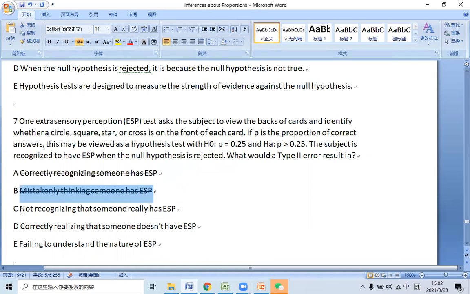How about this one? Not recognizing that someone really has ESP. Is this an error? Yeah. This could be an error. You do not recognize someone really has ESP. That's an error. Are you rejecting the null hypothesis?